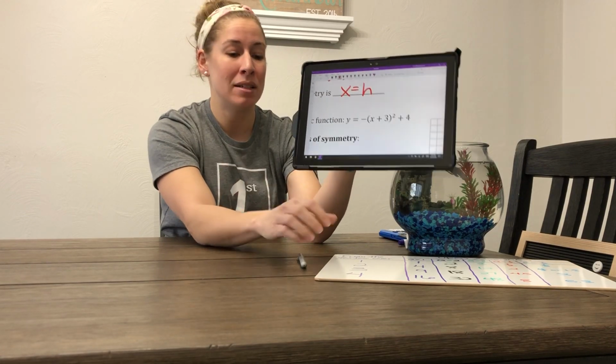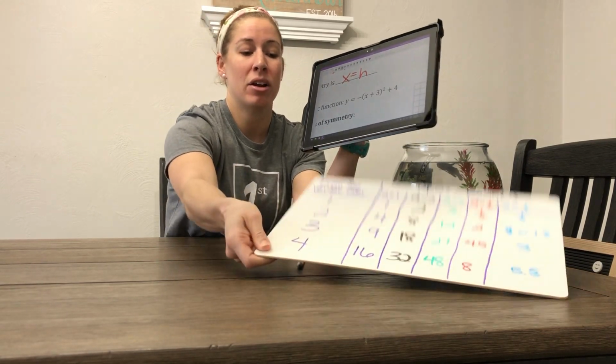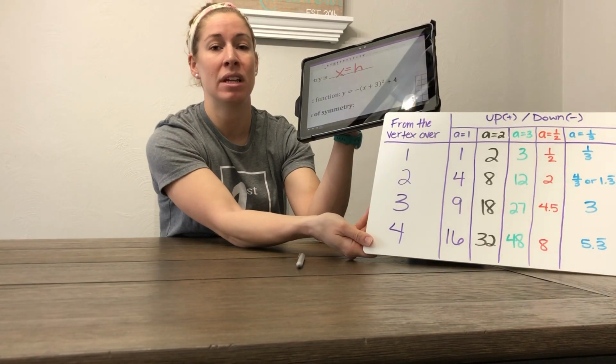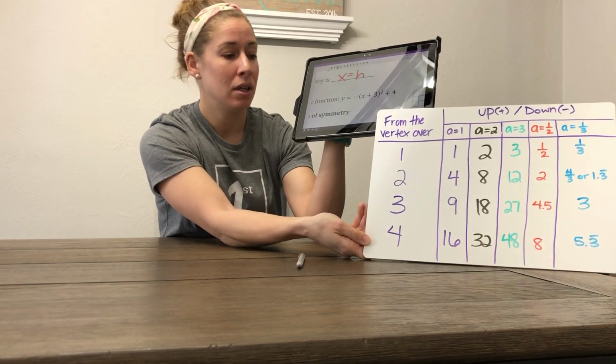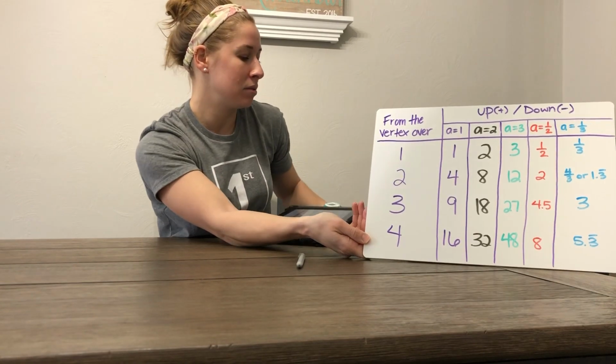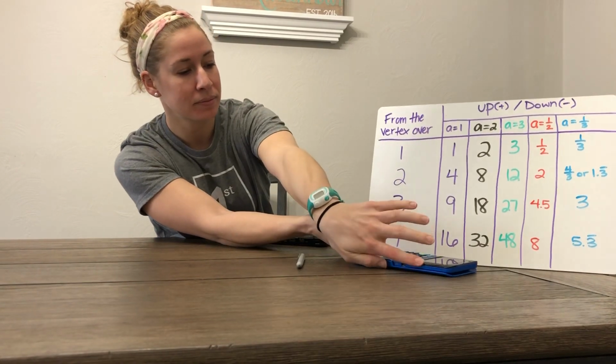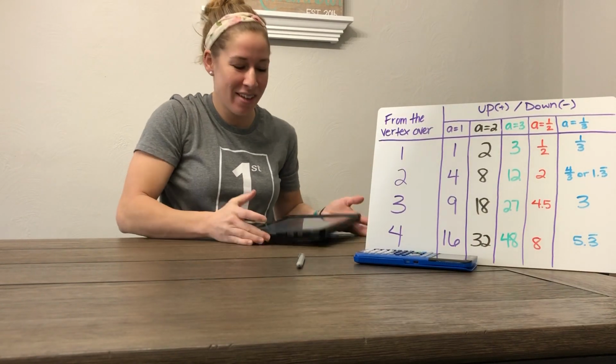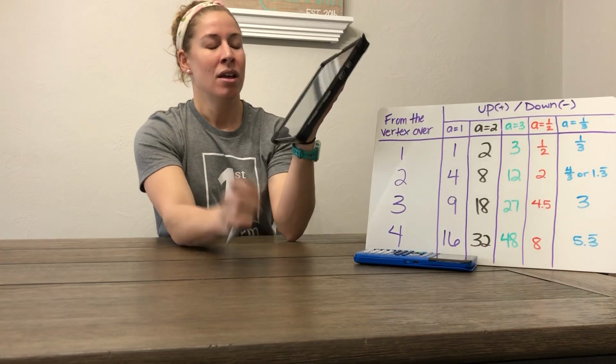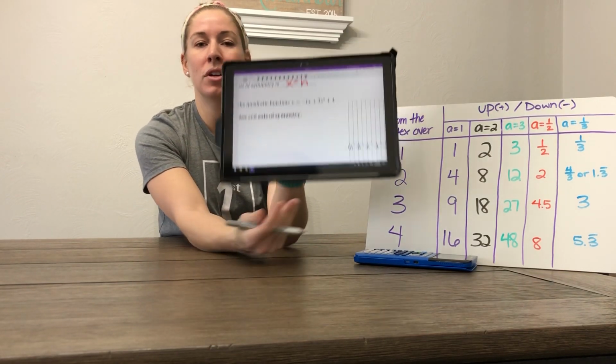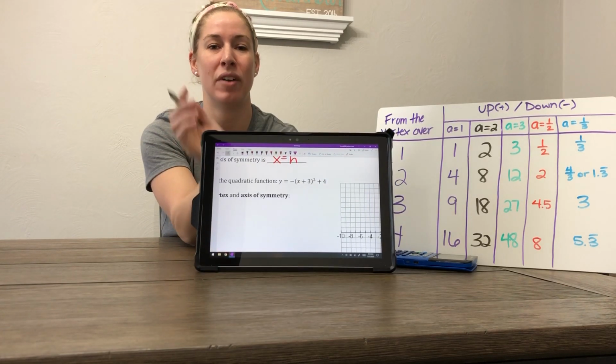But the 1 means that it's also following that parent graph pattern. So we're going to be using the purple column. And so, let's do that. All right, so first of all, your vertex, what is the h value?